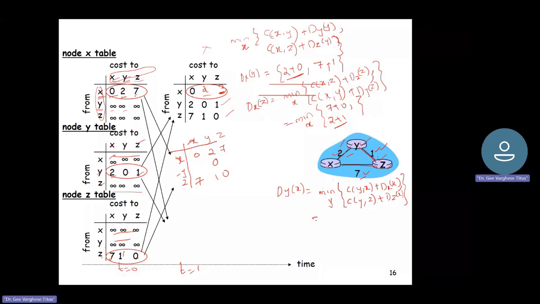If you write the numerics, the cost of sending data from Y to X is 2, so 2 plus 0, or else the other one would be Y to Z, which is 1, so 1 plus 7 would be 8.